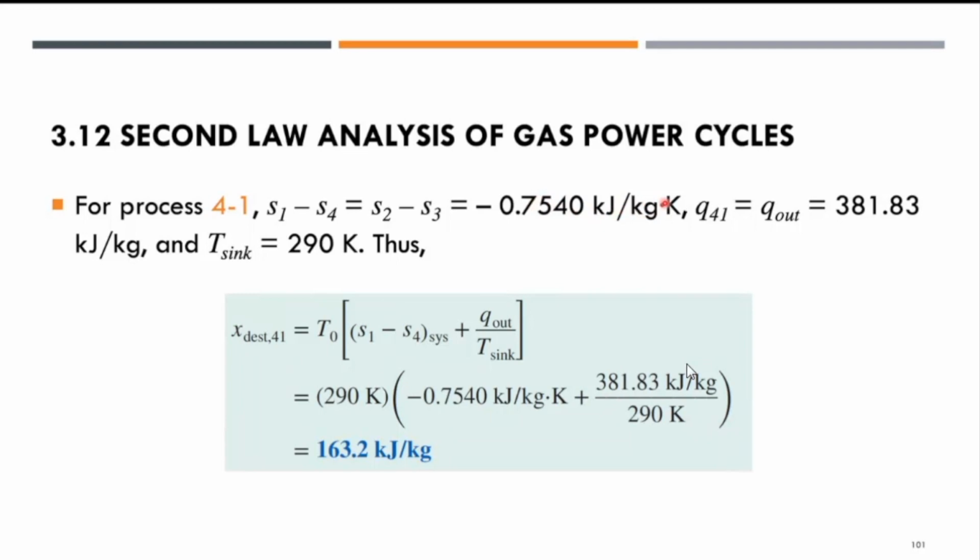Q for 4 to 1 is equal to Q out, and the temperature of the sink is equal to 290 Kelvin. Using the same equation, you will get the exergy destruction value to become 162.2 kilojoule per kilogram.